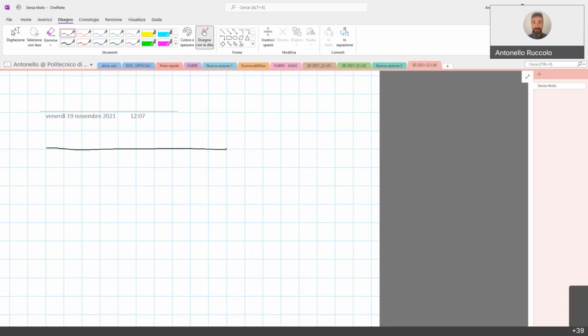So we have this kind of structure. All the dimensions are out.